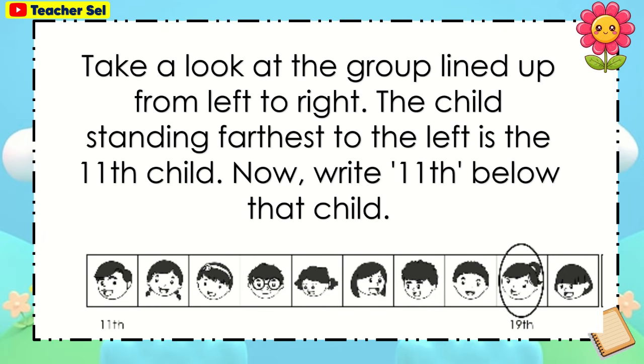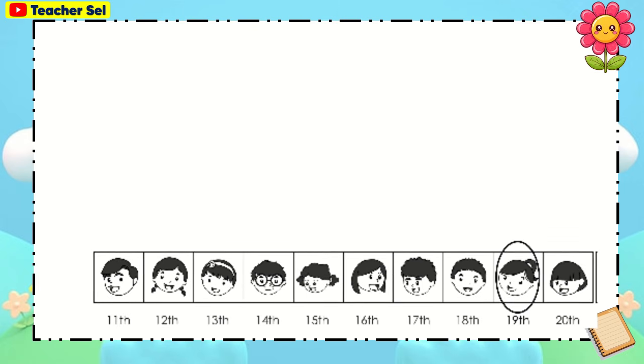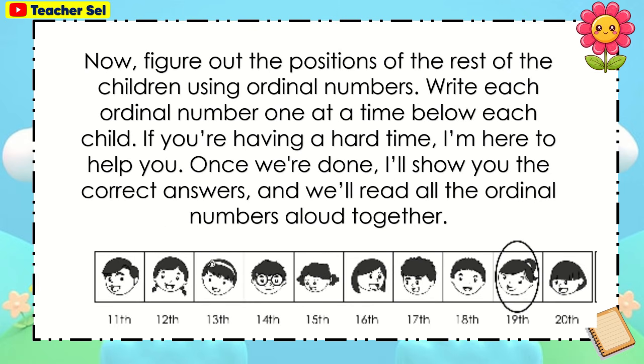The child standing farthest to the left is the 11th child. Now, write the 11th below the child. Here are the correct answers. Read all the ordinal numbers aloud together.